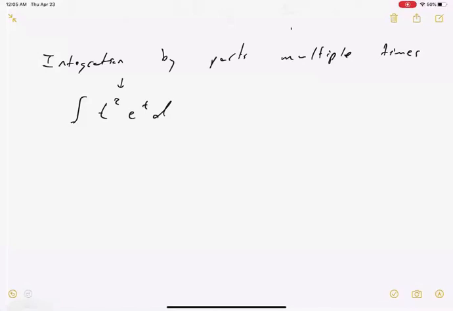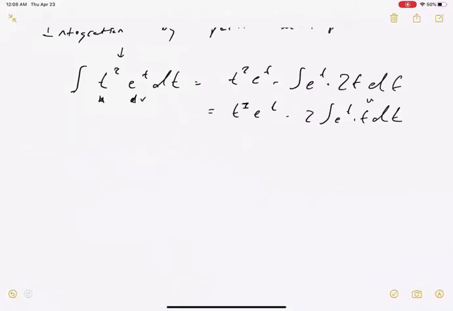Okay, then I get this integral, and again, I should let t be u. We usually want to keep similar u's. We don't want to switch what we're using as u and what we're using as dv throughout our problem. So if the t's are my u at the start, I want to use the powers of t to be my u throughout. All right, so in this part, I should let t be u and e to the t be dv again.